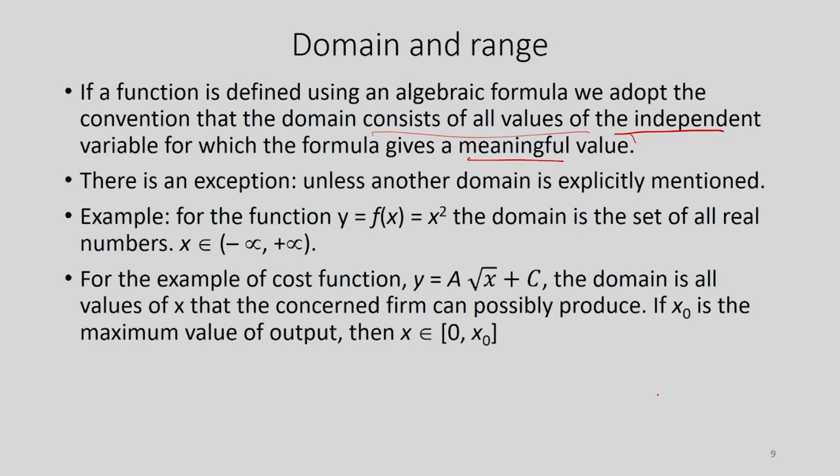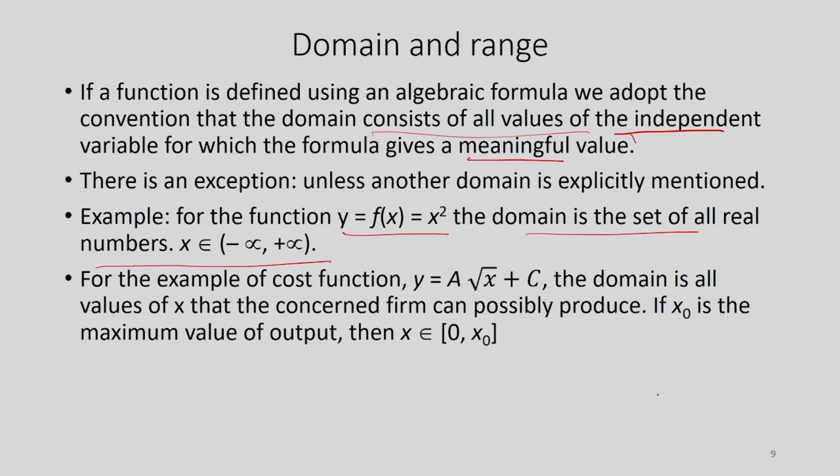So, here is an example, y is equal to f of x is equal to x square. Here the domain is the set of all real numbers, okay, minus infinity to plus infinity, because you take any value of x, x square, which is the value of the function, will always be a meaningful number, right. So, if you take 1, it will give you 1.